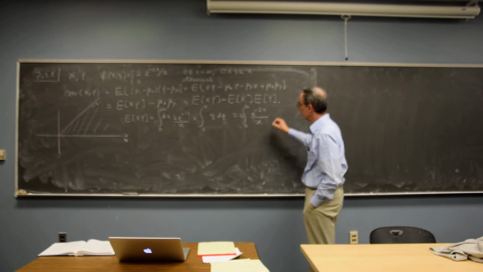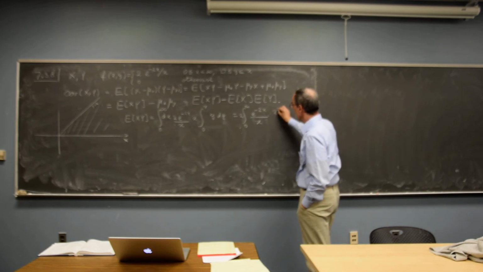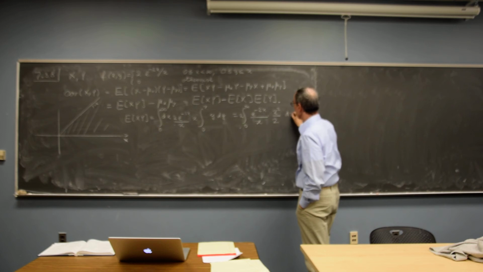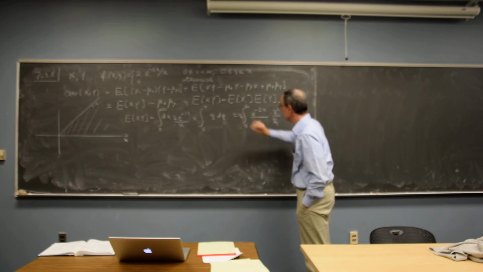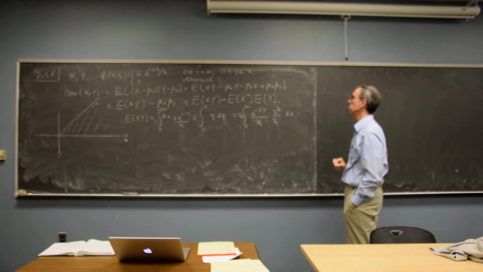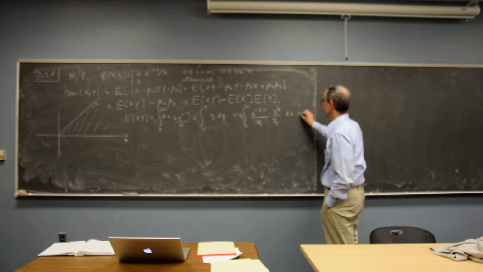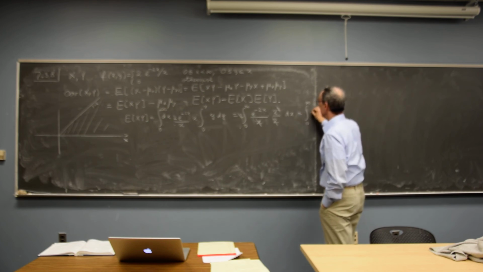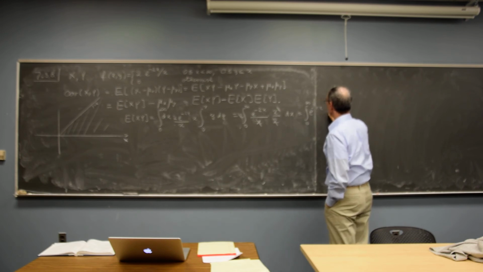Y squared over 2 becomes x squared over 2 dx. So this simplifies. So I get the integral from 0 to infinity of e to the minus 2x times x dx.